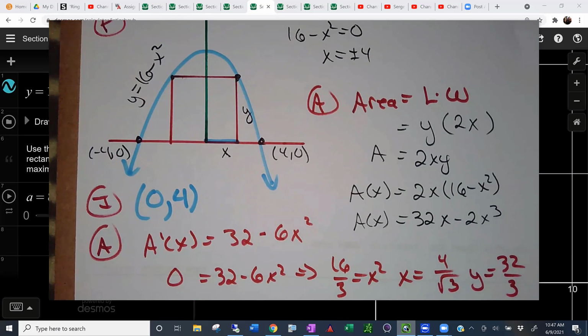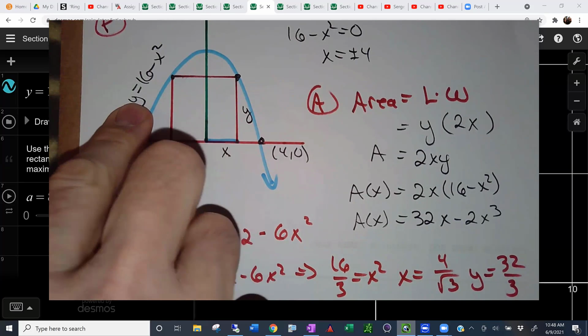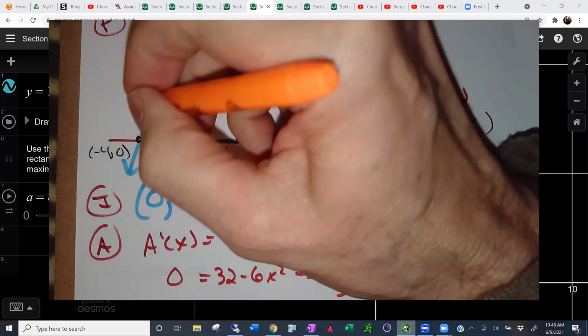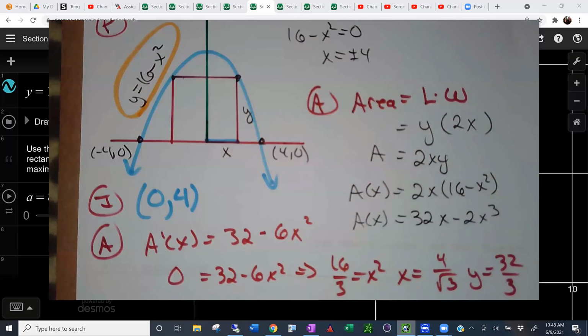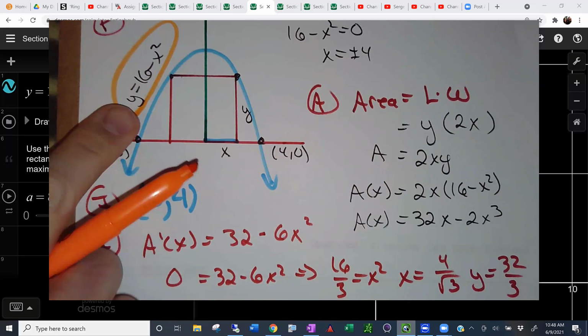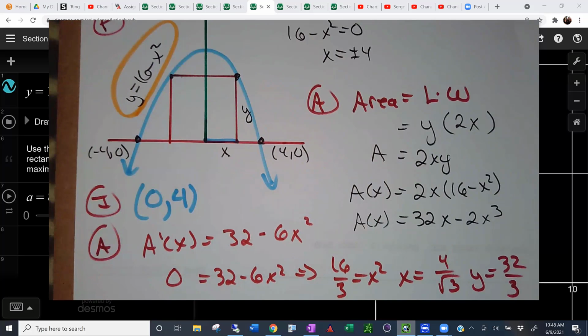So that would be its other dimension there. Sorry, did you plug it into the original A of x or the A prime of x? Oh, just the y equation. To get y, I plugged it in there, the one that I circled in orange.